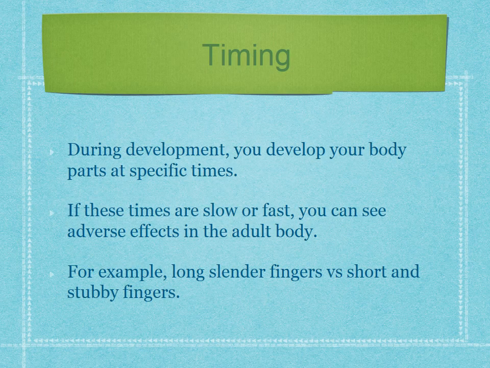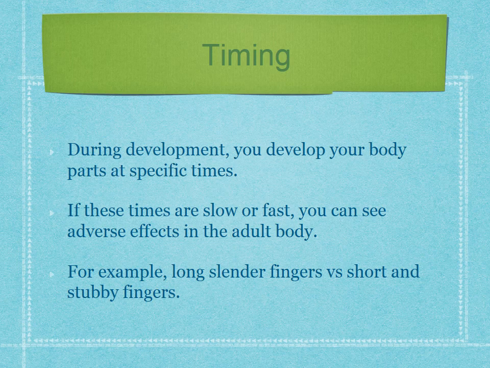And then the last thing we're going to talk about is timing. During development, you develop your body parts at specific times. During fertilization, you don't just magically become a giant human, but rather things are taken in small steps. You start to develop more.